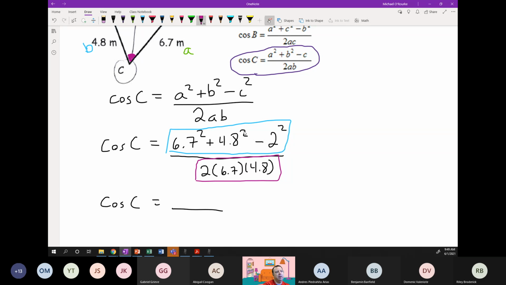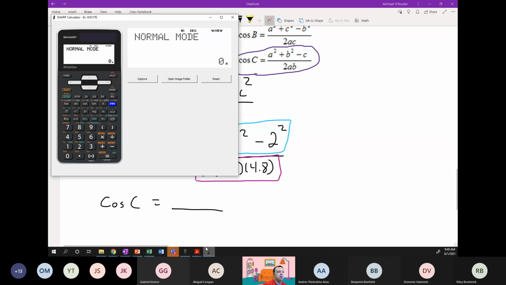Hopefully that makes sense, everyone. Do the top first, then the bottom. This would be really hard, not impossible, but really hard to do on your calculator all at once. Desmos would do this for you perfectly. Desmos would actually be the easiest place to do this. But if you're using a normal calculator, I would use this.